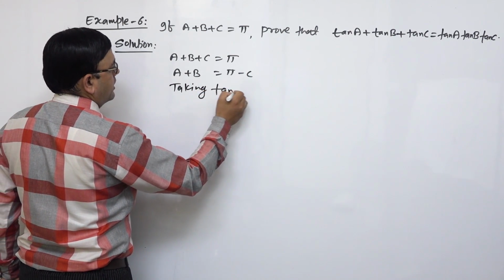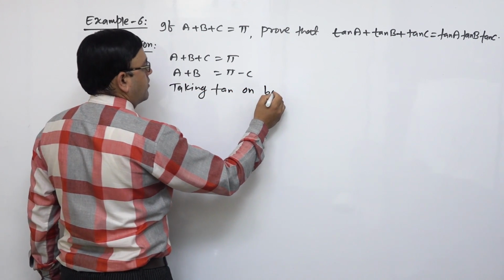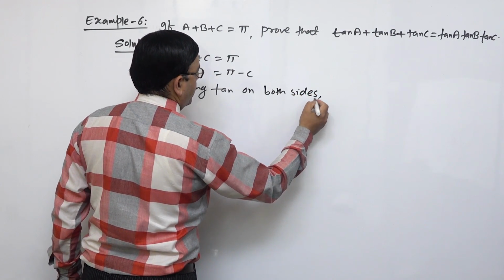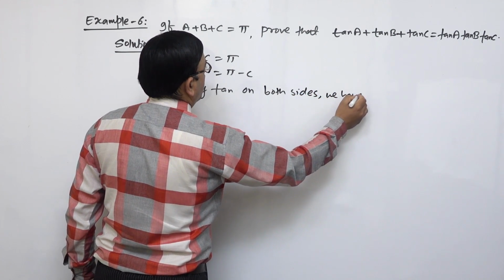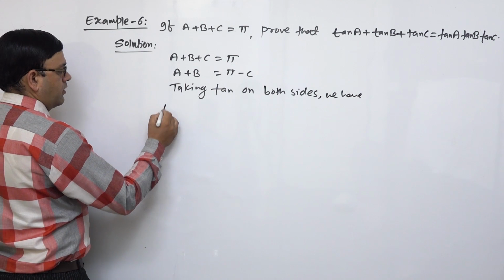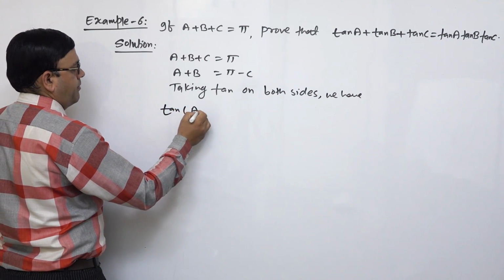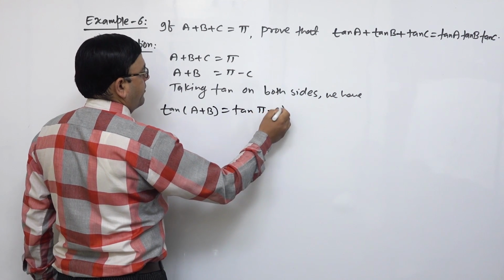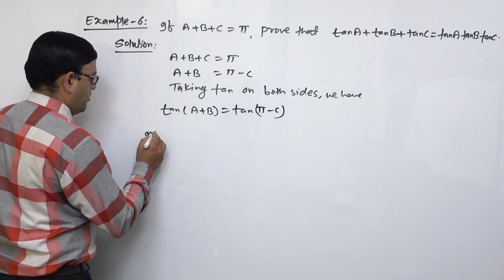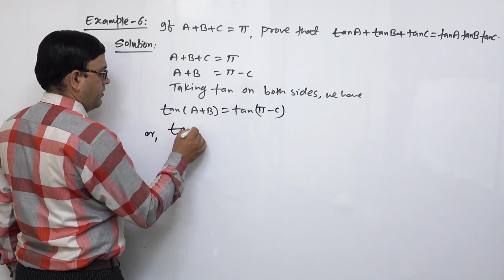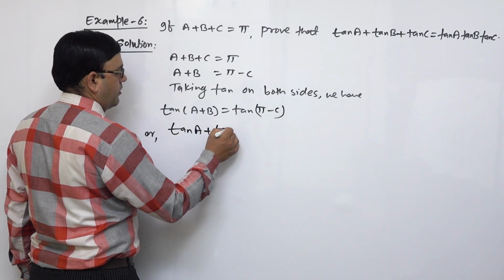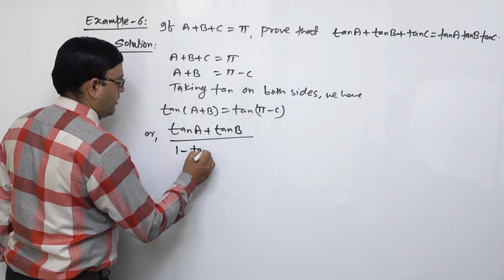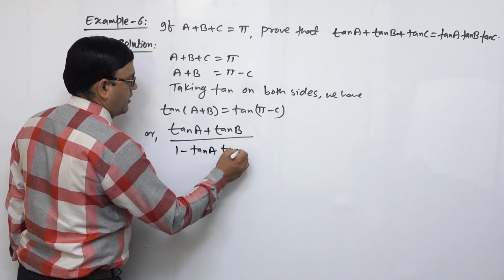we have tan(a+b) is equal to tan(pi-c), or we can write tan a plus tan b upon 1 minus tan a tan b.